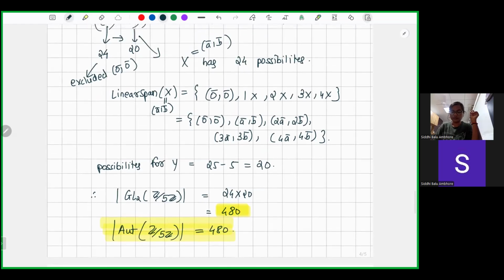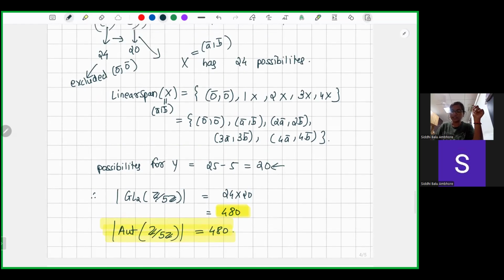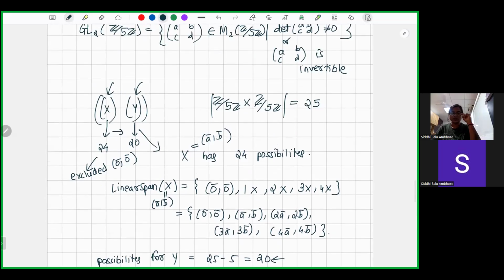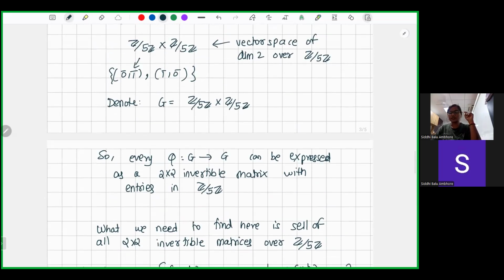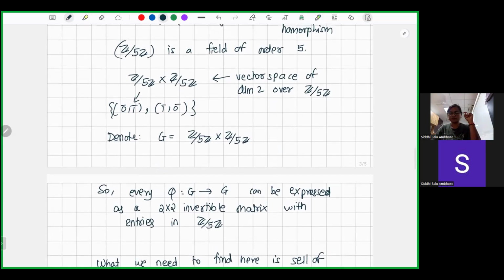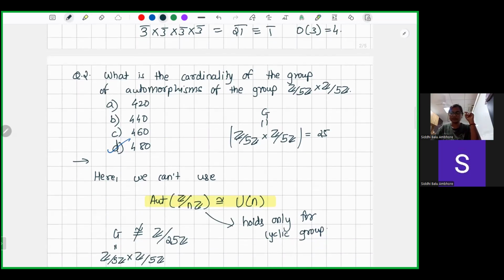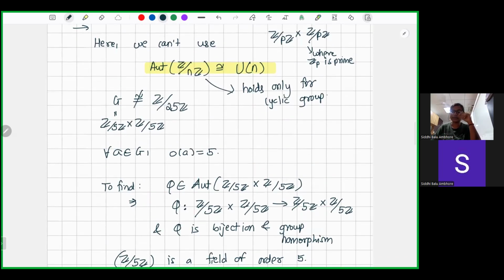I hope you understood why we chose 20 here and how we are choosing elements which are not in the span of the first column. You can always do this with any Zp cross Zp, where Zp is prime.